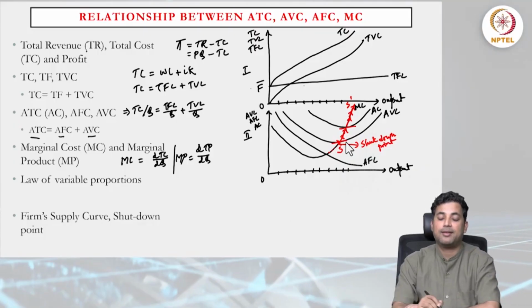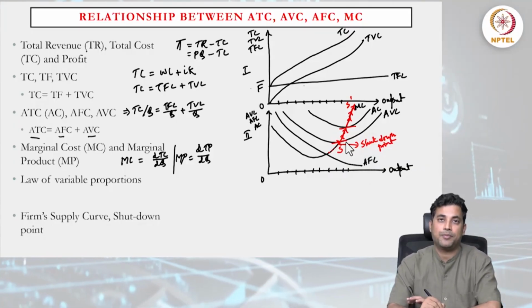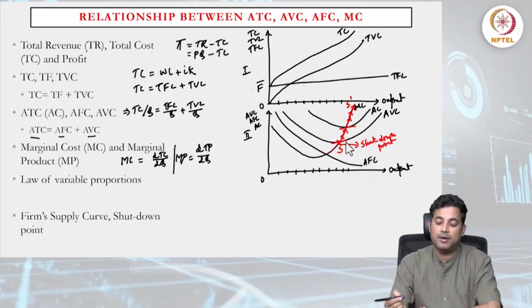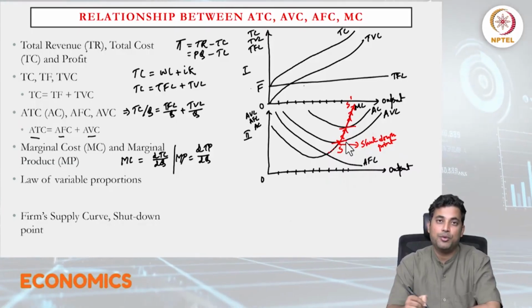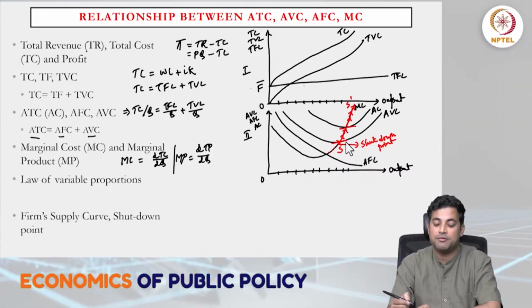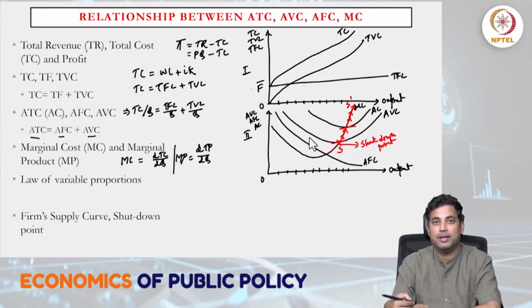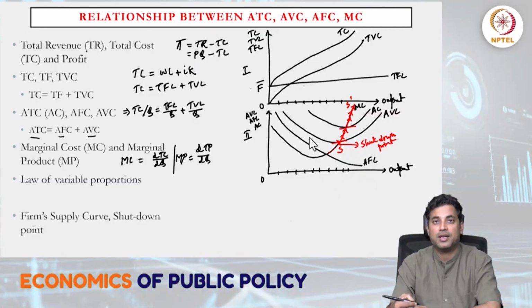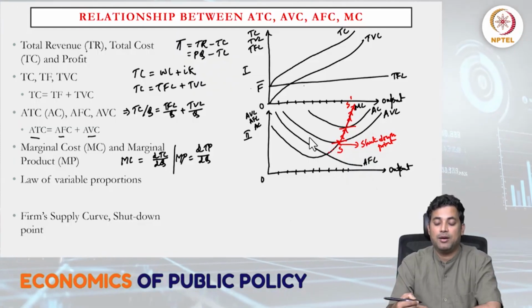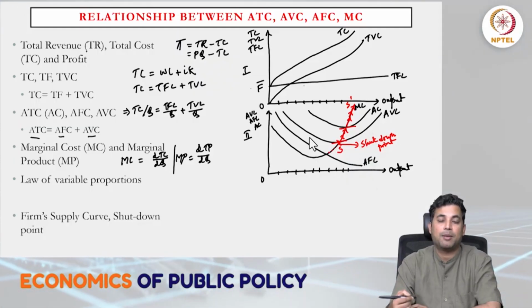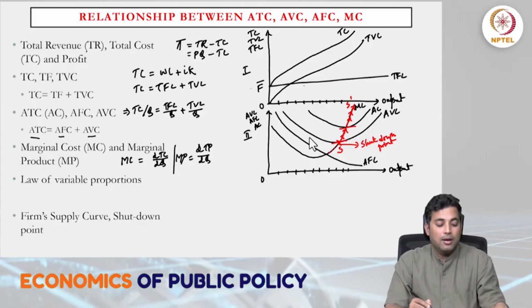And we are also not discussing the relationship between price and output in the case of perfectly competitive firms. In this particular lecture we are simply trying to understand the reason for the firm's upward sloping supply curve.